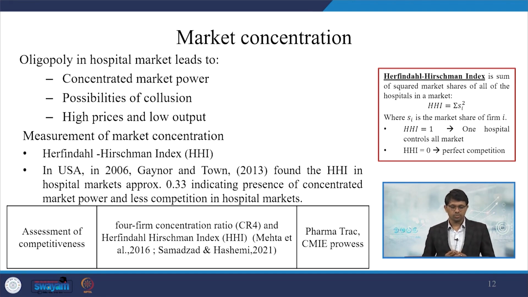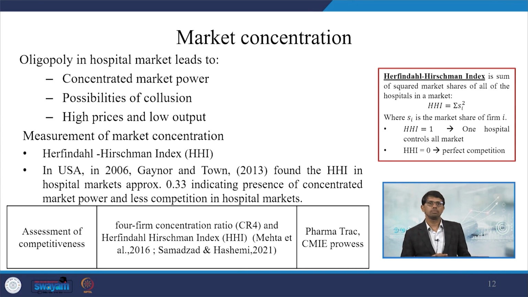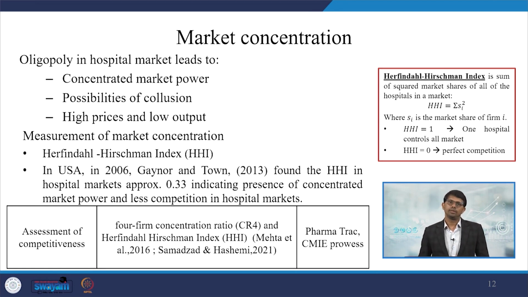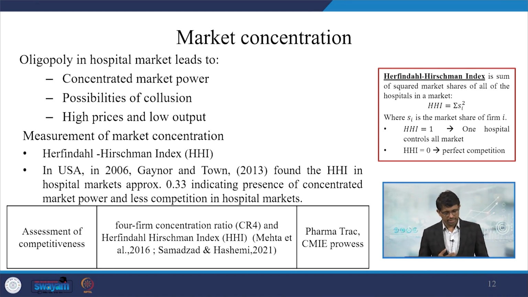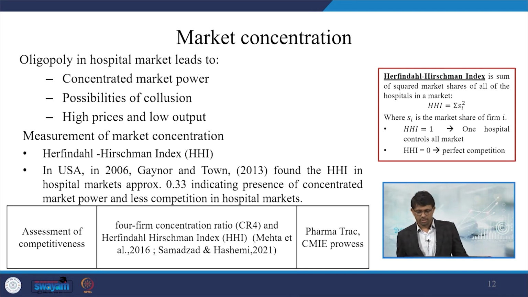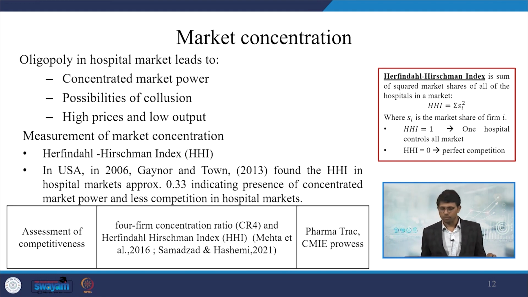Oligopoly in hospital markets leads to concentrated market power, possibilities of collusion, and high prices and low output, and that can be measured through the standard approach called HHI, the Herfindahl-Hirschman Index, which is defined as the sum of squares of the market shares of all the hospitals in that particular market.